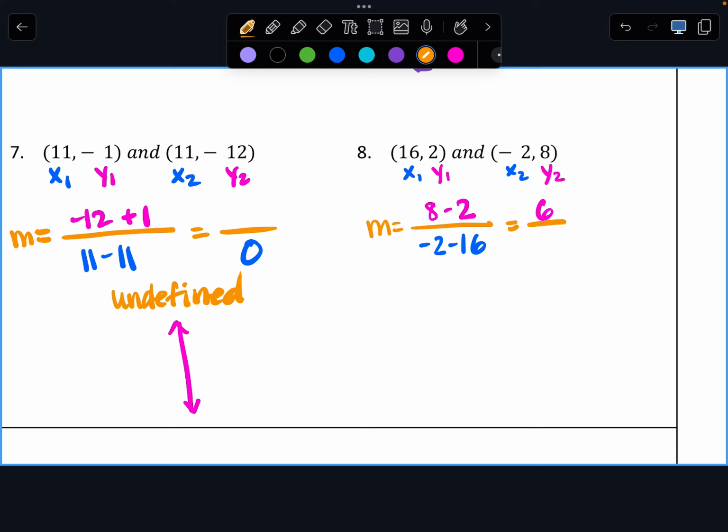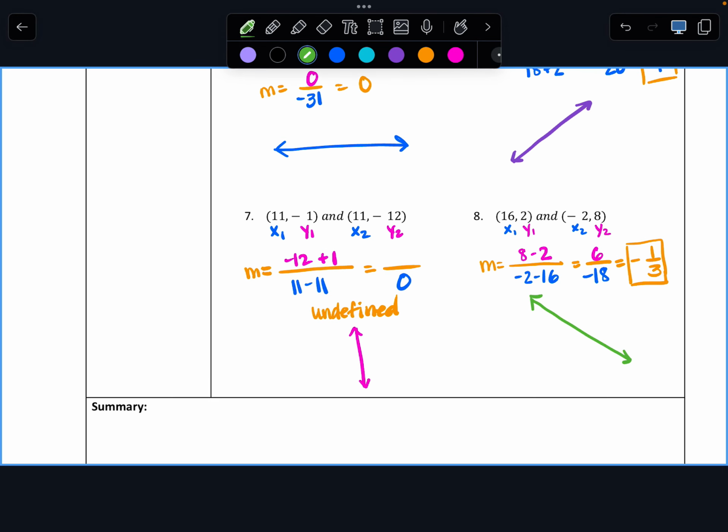Negative 2 minus 16 is negative 18. And again, this will simplify to negative 1 over 3. Now, because it's a negative slope, I know my line is going to slant down. So that's what you'll be doing on today's practice.